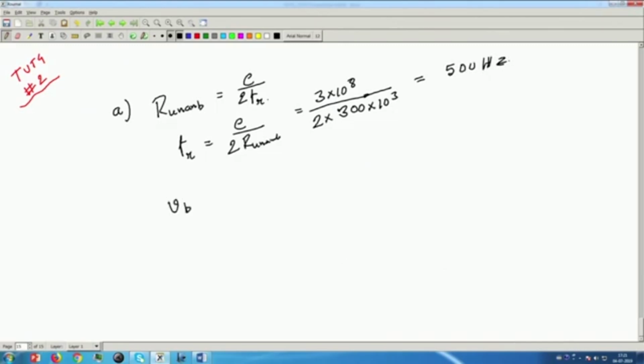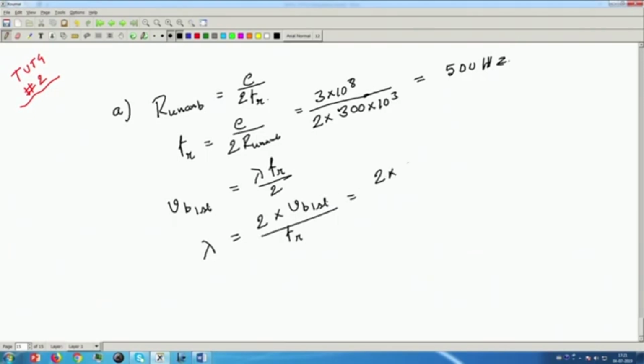So, Vb first is lambda FR by 2. Actually we have to find this lambda, because that will give us the frequency. If we solve for lambda, lambda is 2 into Vb first by FR.